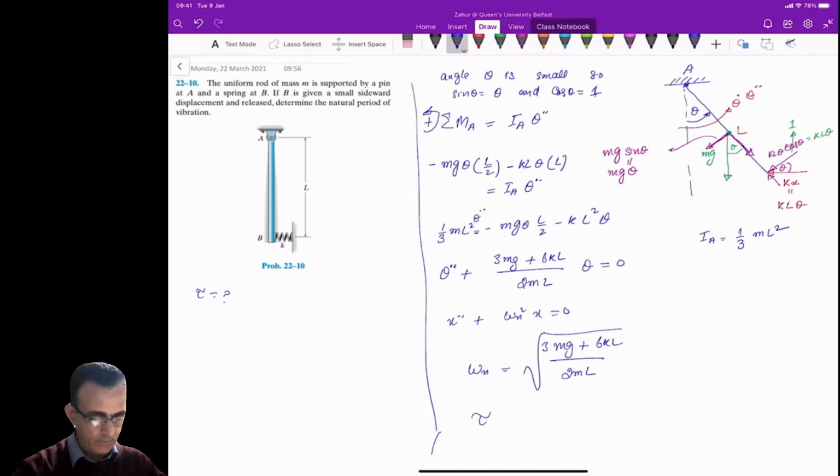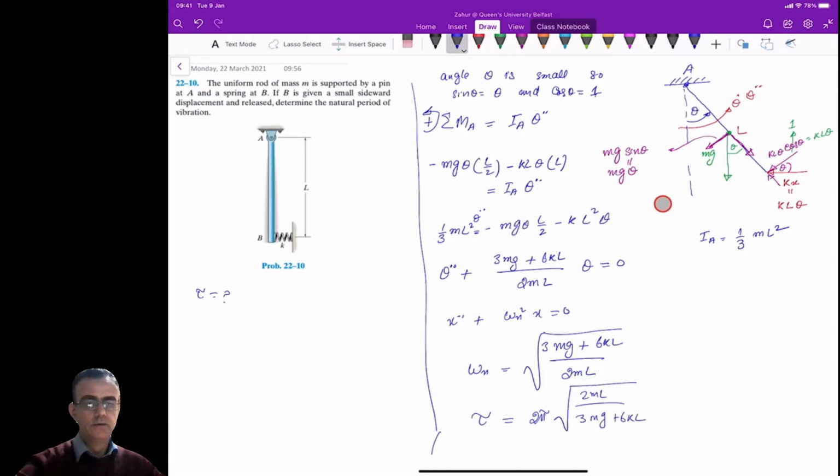And now we need to calculate tau. So tau is equal to 2 pi times the square root of 2 ml divided by 3 mg plus 6 kL. This is the time period for this case.